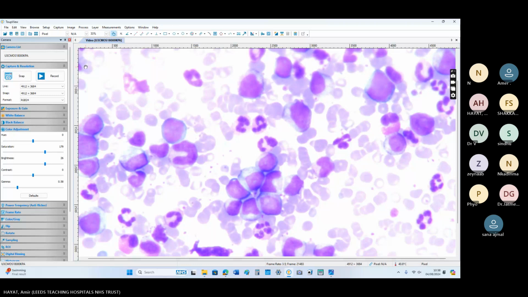So how would you explain to the patient that you have chronic myeloid leukemia in chronic phase, and how would you explain the management?